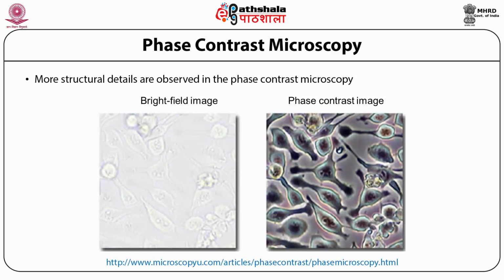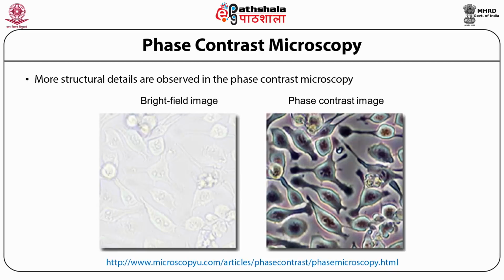The usefulness of phase contrast microscopy, other than seeing the transparent parts of any sample, is that you not only achieve imaging of the transparent samples, you achieve more structural details also. For example, in the image shown here, you compare the images taken by a bright field microscope and a phase contrast microscope, and the differences are very clear, not only in terms of contrast but also in terms of finer details.